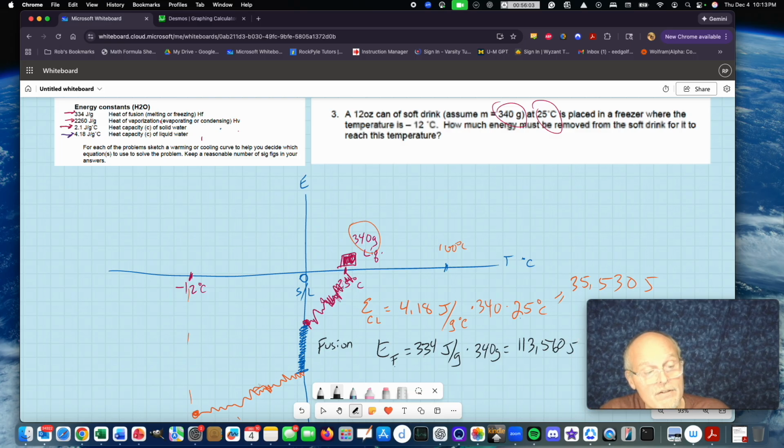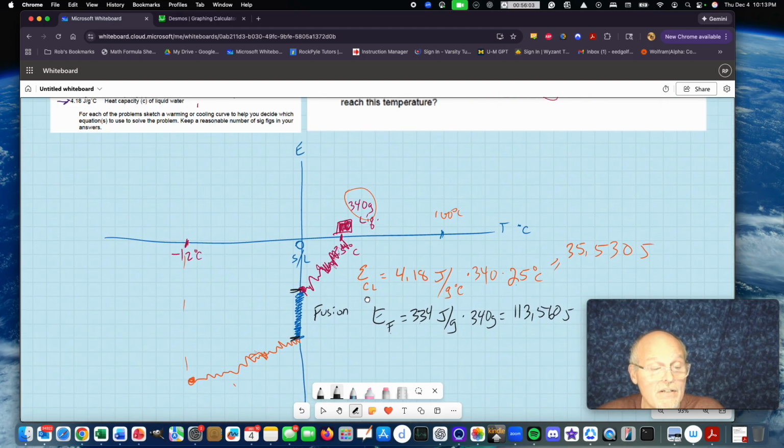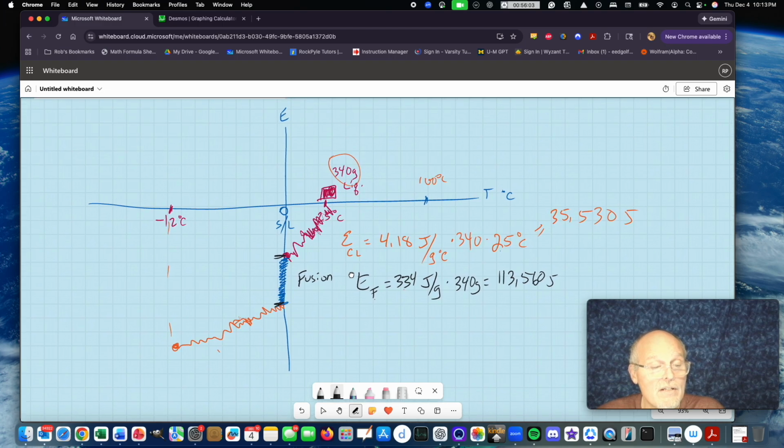You'll notice, in a negative way, that these will add to get the current state. So if I add 35 and 113, that would give me 340 grams at 0 degrees already converted into a solid.